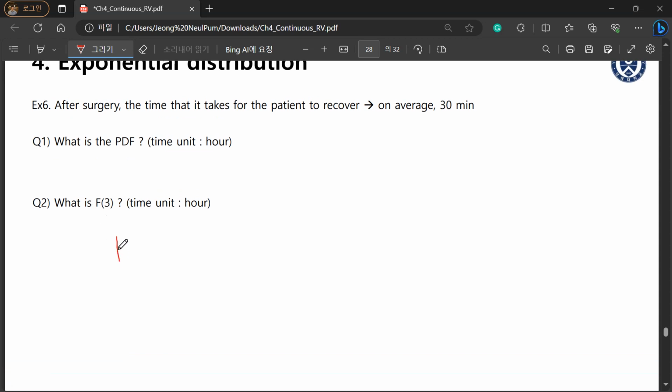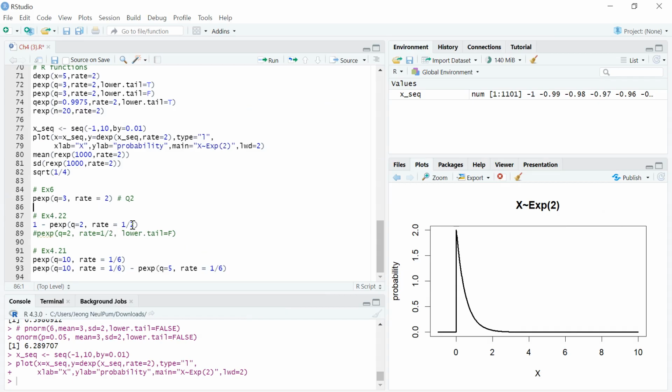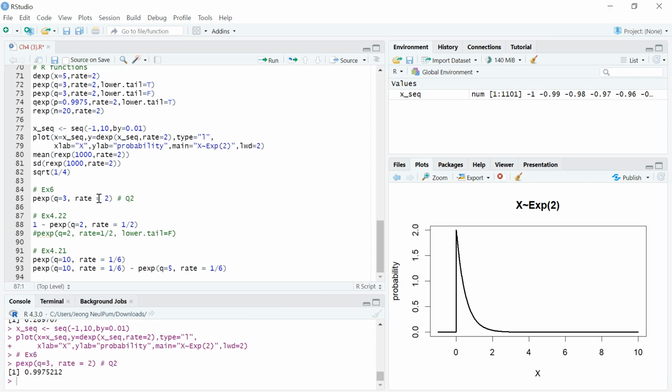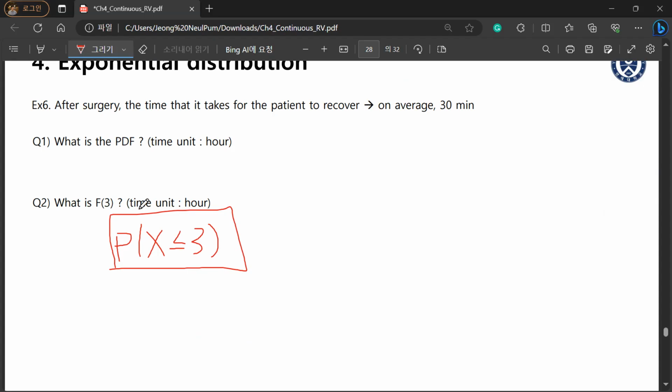Let's say that F of 3 is equal to the CDF value when our exponential random variable x is less than or equal to 3, which is the pexp function with the lower.tail option as TRUE, the default value. So this is the simple answer here.